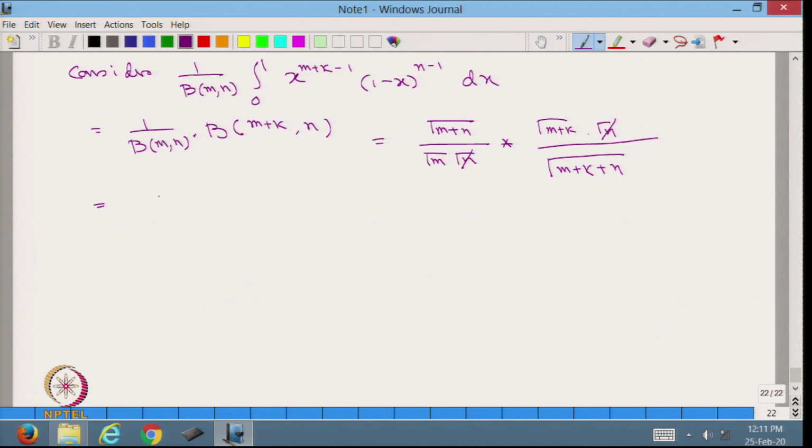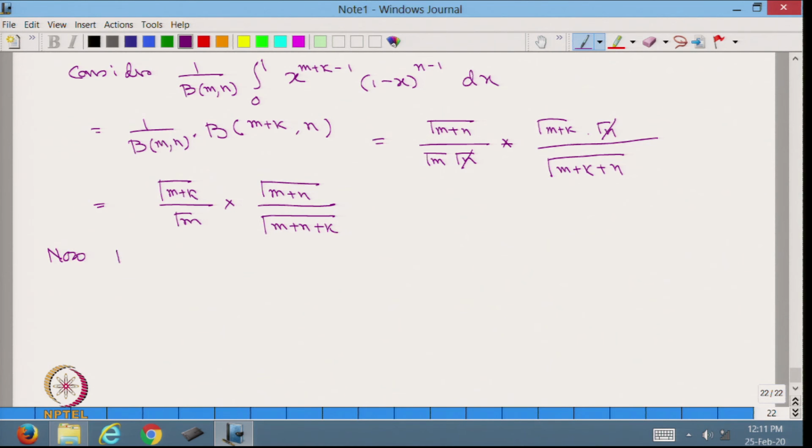Therefore, what we are left with is Γ(m+k)/Γ(m) multiplied by Γ(m+n)/Γ(m+n+k).